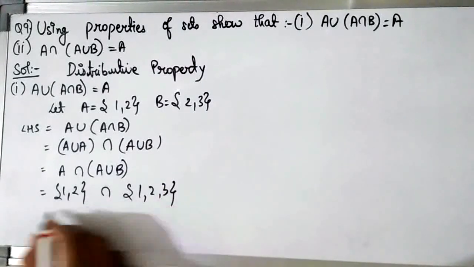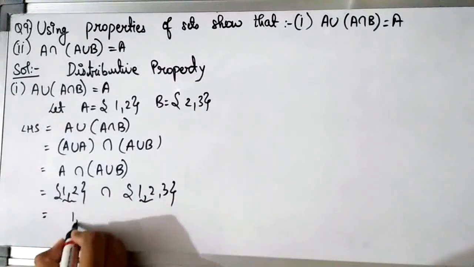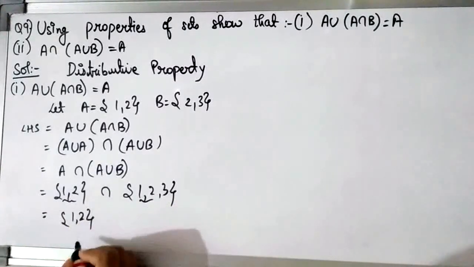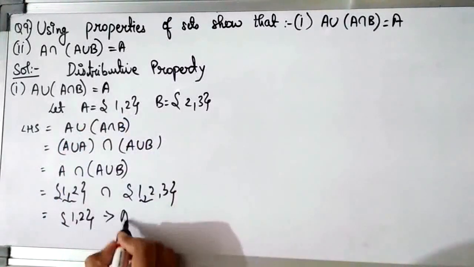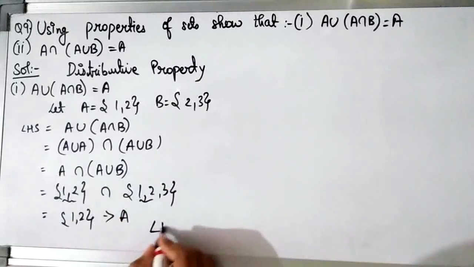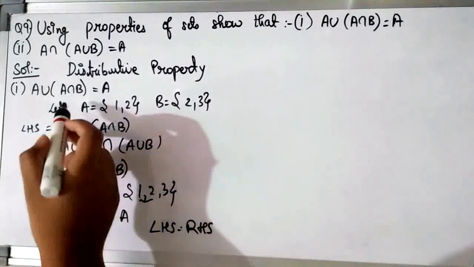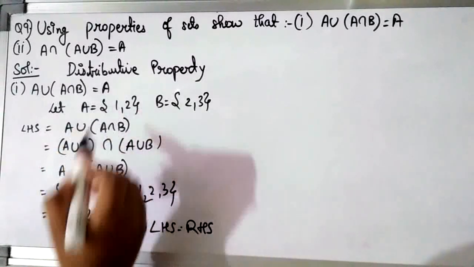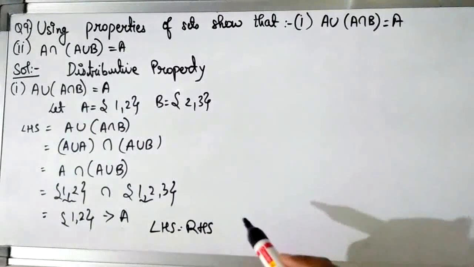Now what is the intersection of both these sets? Now 1 and 2 is common, so 1 and 2 is your final answer. And what is 1, 2? It is nothing but your set A itself, right? So your LHS is equal to RHS. Okay, because 1, 2 is nothing but your set A itself, which we took, and we got LHS is equal to RHS. So hence we proved our first bit.